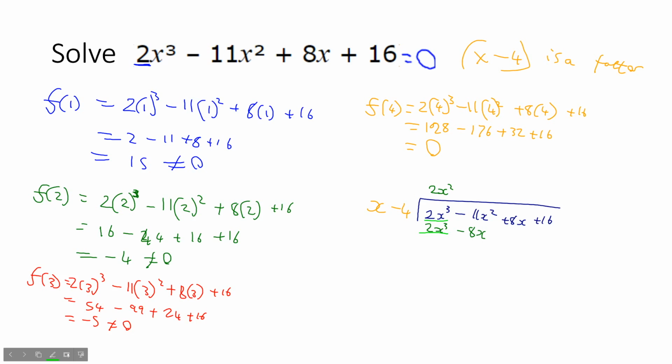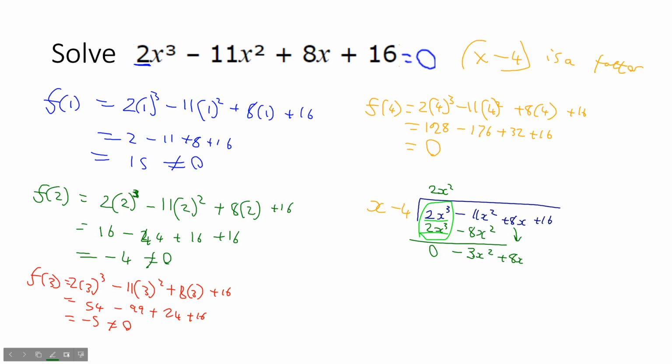These two can be different, but the important thing is that these two have to be the same. Right? So anyways, let's minus them. Because these two are the same, that's just going to be 0. Minus 11 minus 8 is minus 3x squared.